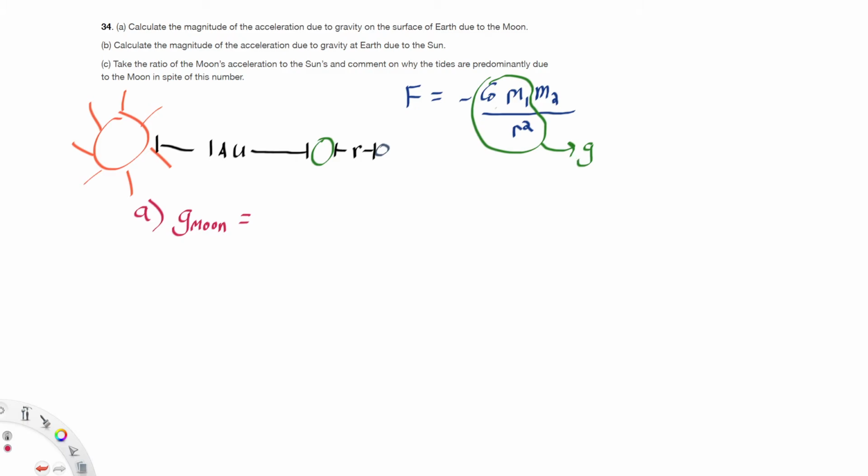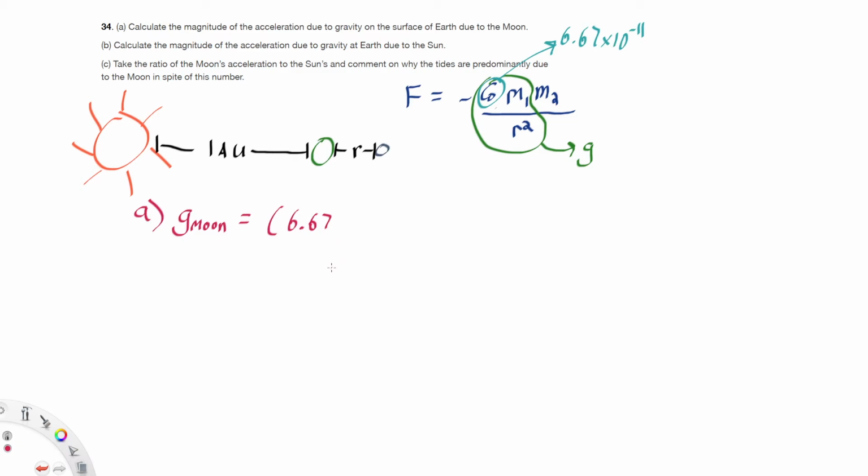Big G, the universal constant, is quite small. It is 6.67 times 10 to the minus 11. For all the problems, that would remain the same. It's a constant for the whole universe.